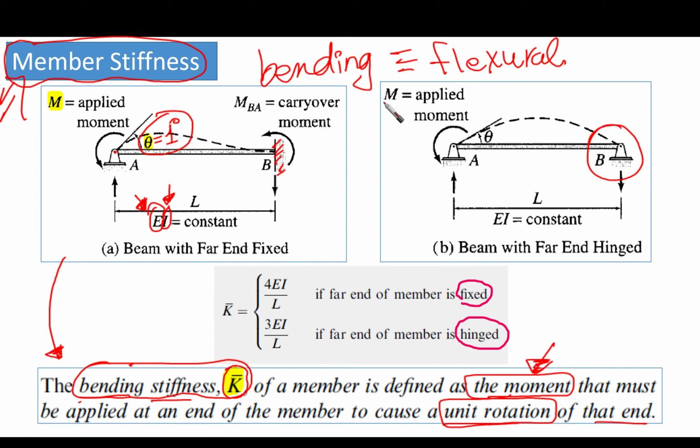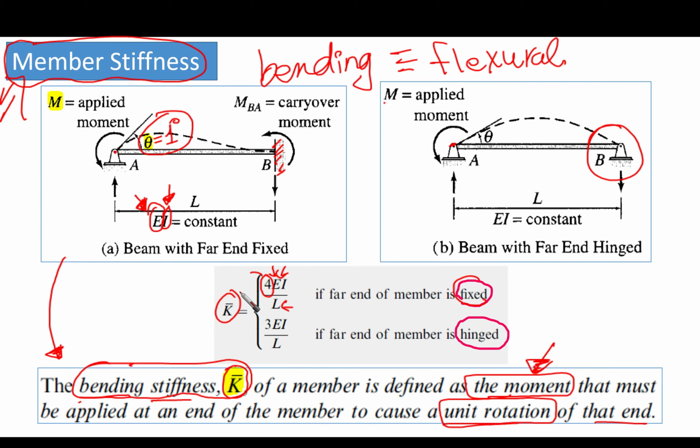So the flexural stiffness of the element, if the far end is fixed, K bar equals 4 EI over L. As I said, it is a function of three main parameters directly, EI over L, and this 4 comes from the boundary condition.